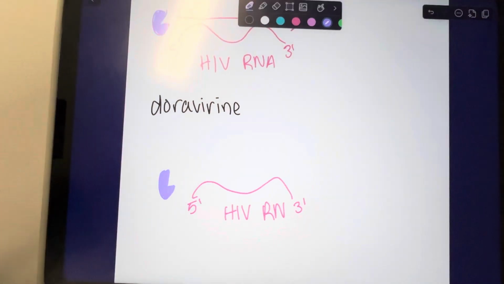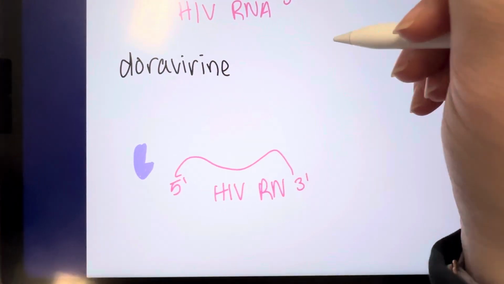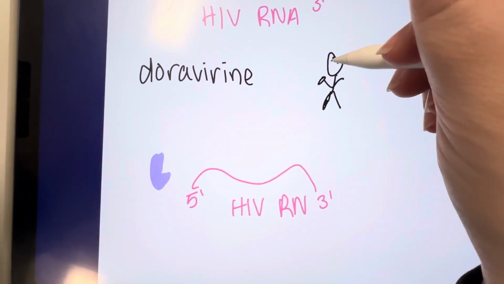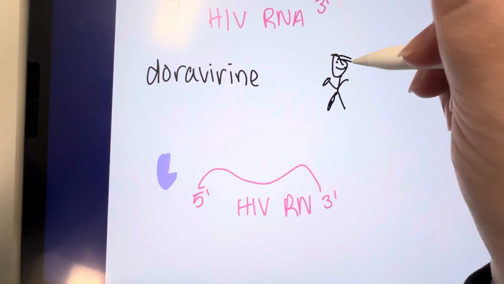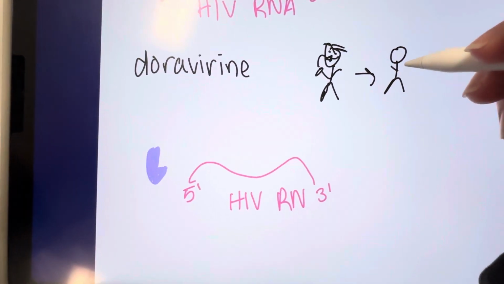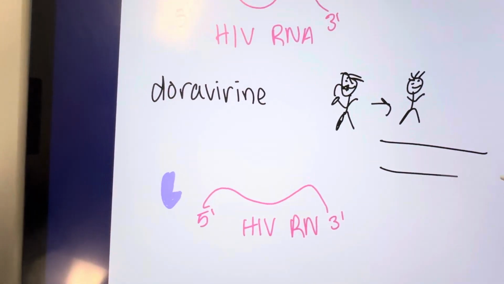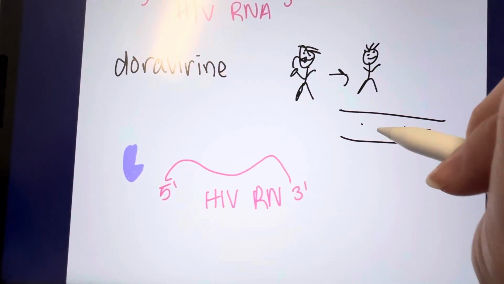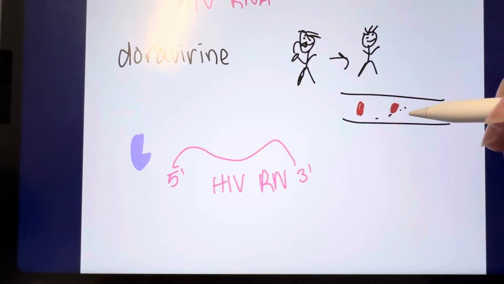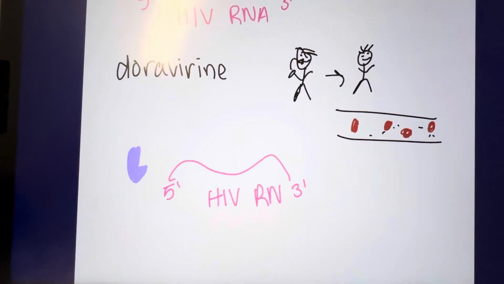So what happens with this is that with the doravirine, again, it's a pill that you take, you ingest. Happy because they took the pill, and it goes into the bloodstream again. Just like tenofovir and HIV, it's absorbed through the bloodstream.